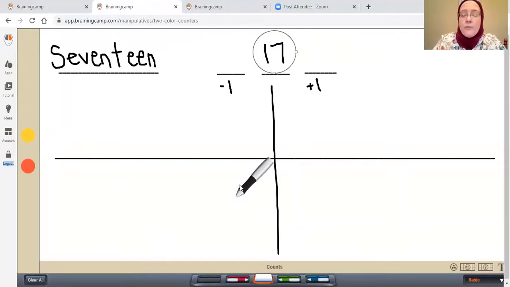So now, the first thing that we want to think about is our tally marks. 1, 2, 3, 4, 5, we'll close the door. Remember, each set is just 5 with 4 straight and 1 across.